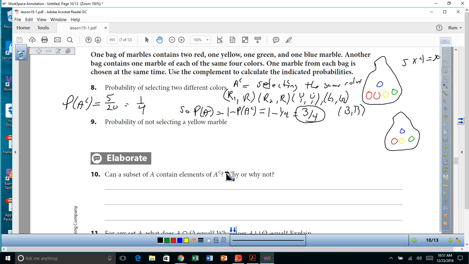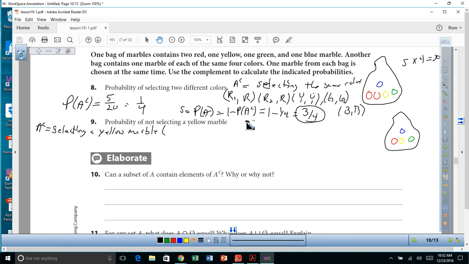Probability of not selecting a yellow marble. Okay. Well, so the A complement will be selecting a yellow marble. Okay, so what do we got here? Well, let's see here.